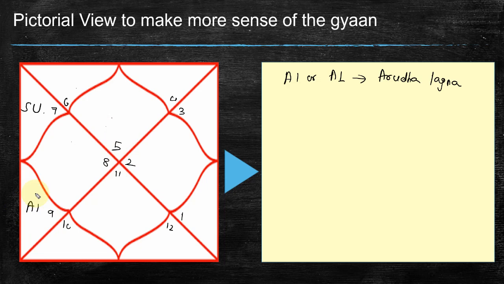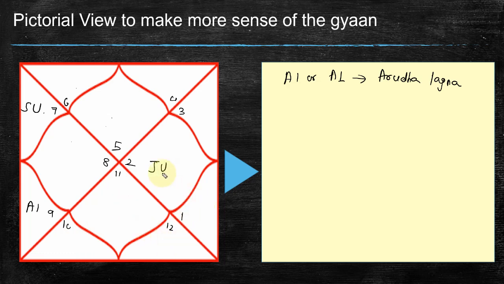Similarly, assume that Jupiter is placed here, in the 10th house. Now if you have to find the Arudha Pada of the 5th house, the lord of the 5th house, basically Sagittarius, is Jupiter. So you have to count the position of Jupiter from this house. 1, 2, 3, 4, 5, 6.